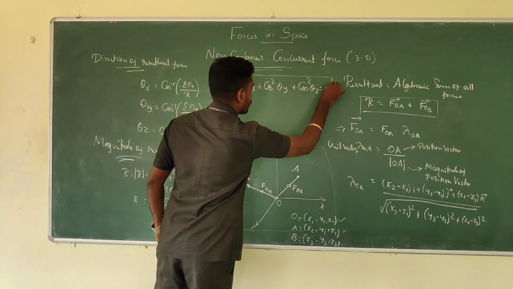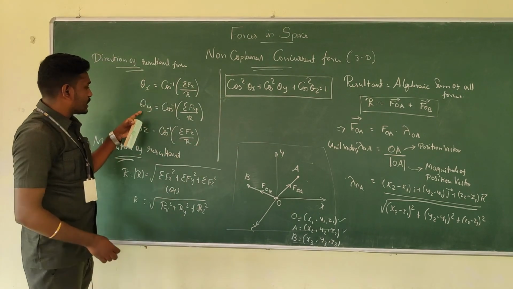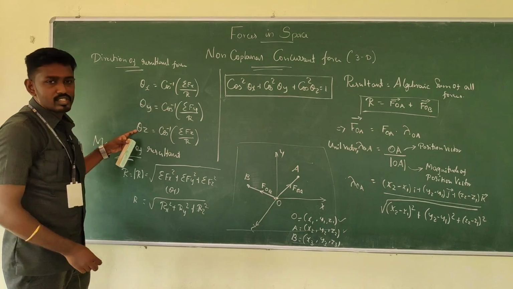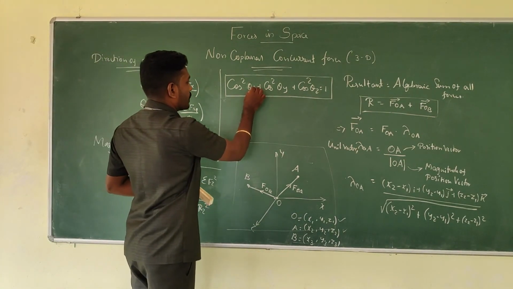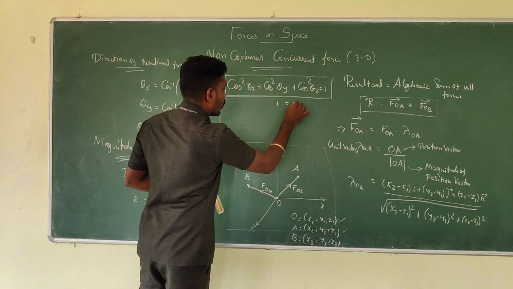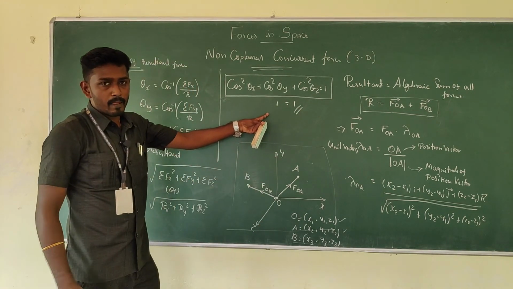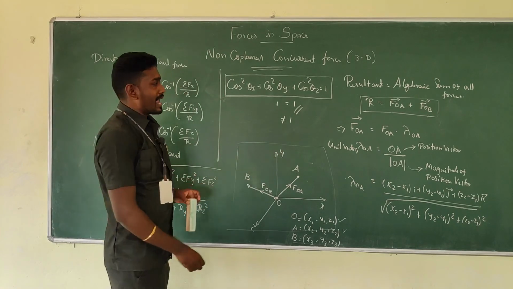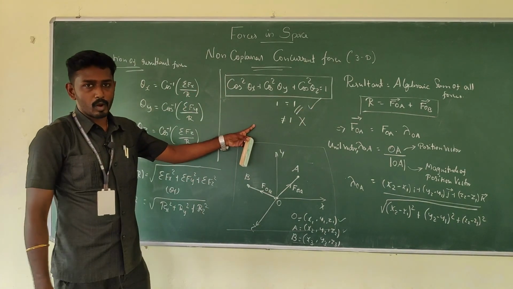It is used to check whether the derived answer for the resultant force, or for the force, is right or wrong. If you substitute the values of theta x, theta y, theta z in this equation and get 1 equal to 1, then your answer is right. If it is not equal to 1, then your answer is wrong.